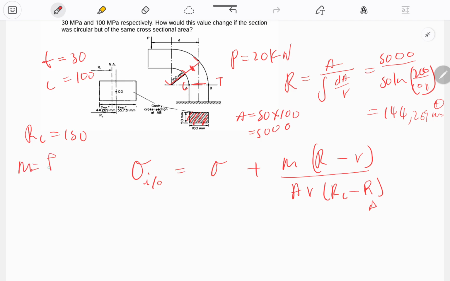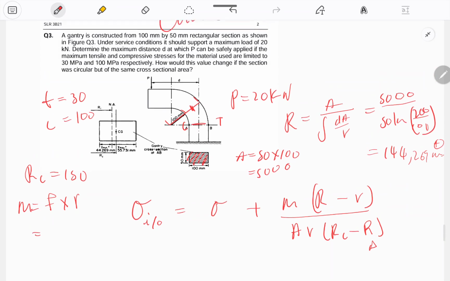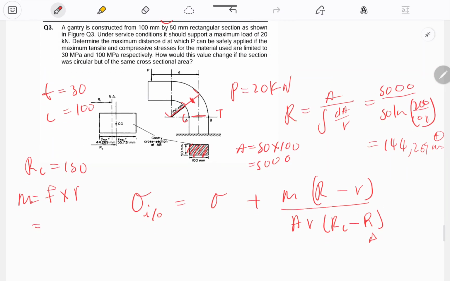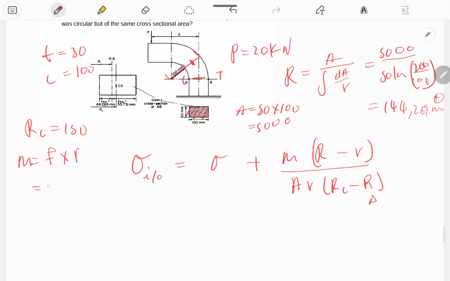Moment is going to be force times our force was given to be, what was it? Well, it's 20k, so it's going to be 20 times 10 to the power 3. Our R is the arm within the centroid. Remember, moment is calculated with the centroid as an arm. So if I do that, what am I getting?